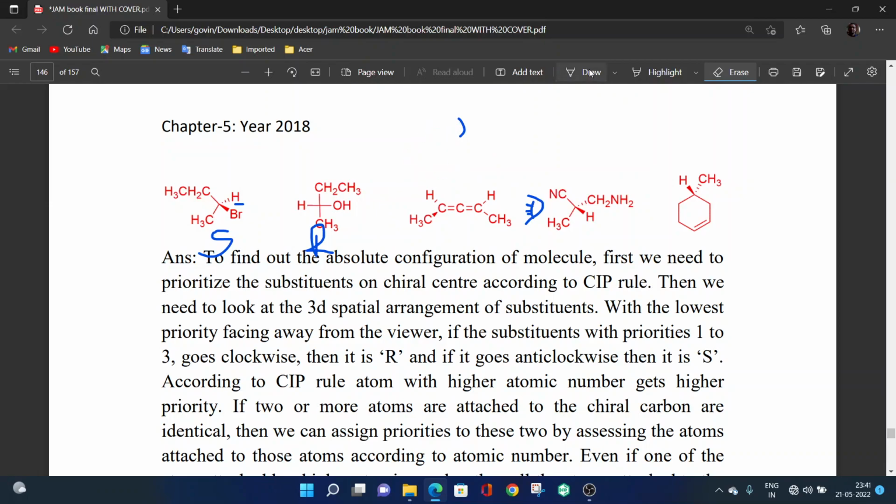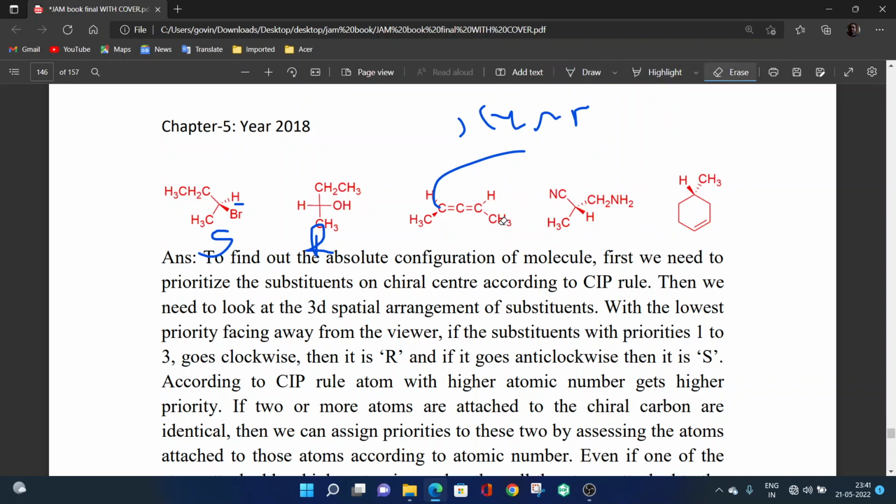So once again I will tell you what I am doing. I am pulling this molecule in front of you. What I am seeing is that H is coming out of the screen and this CH3 is coming out of the screen. So these two will get the first priority and the whole thing is gone behind. Behind the screen your H is in the right direction and your CH3 is in the left direction, right.